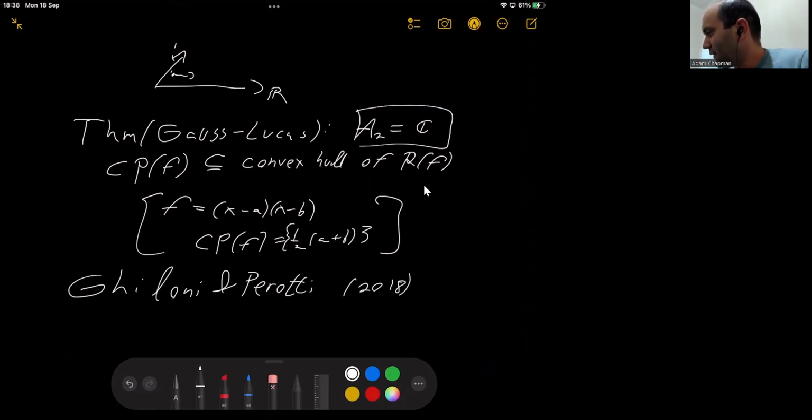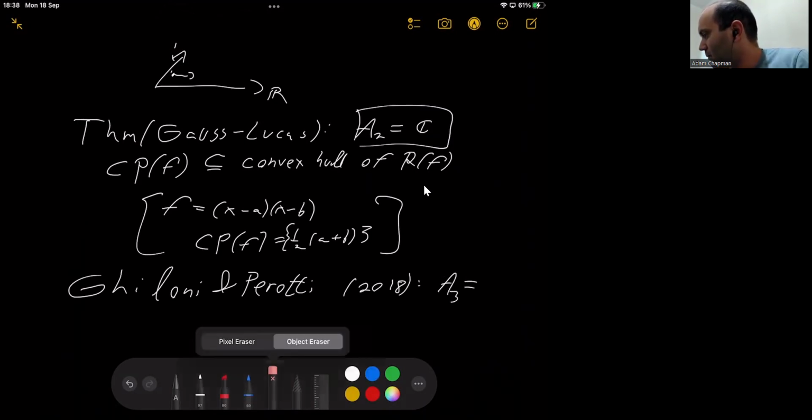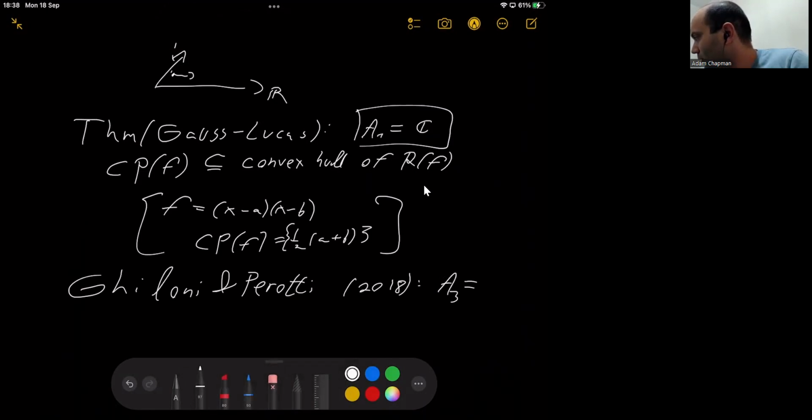They studied the case of A2, which is the quaternion algebra. Actually, I'm shifted, so A0 is the reals, A1 is the complex.